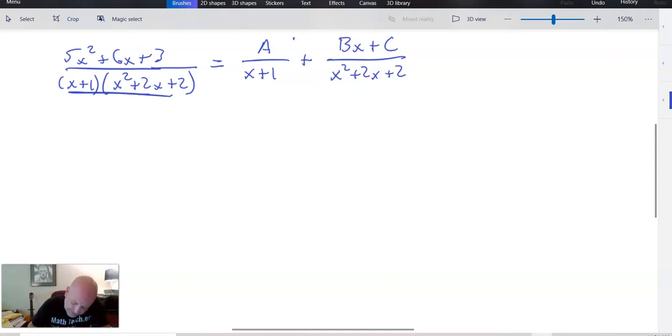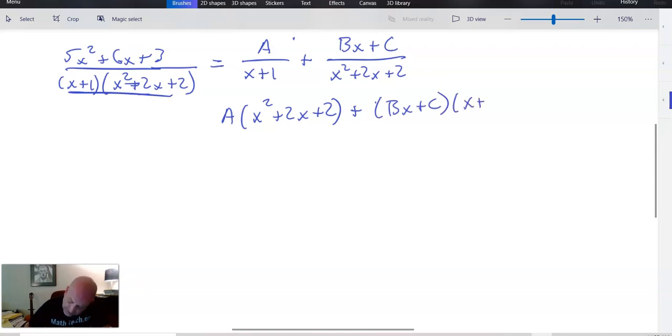I can see that the x plus 1 would cancel out, and what I get is a times x squared plus 2x plus 2. Over here, the x squared plus 2x plus 2 cancels, and I have bx plus c times x plus 1.